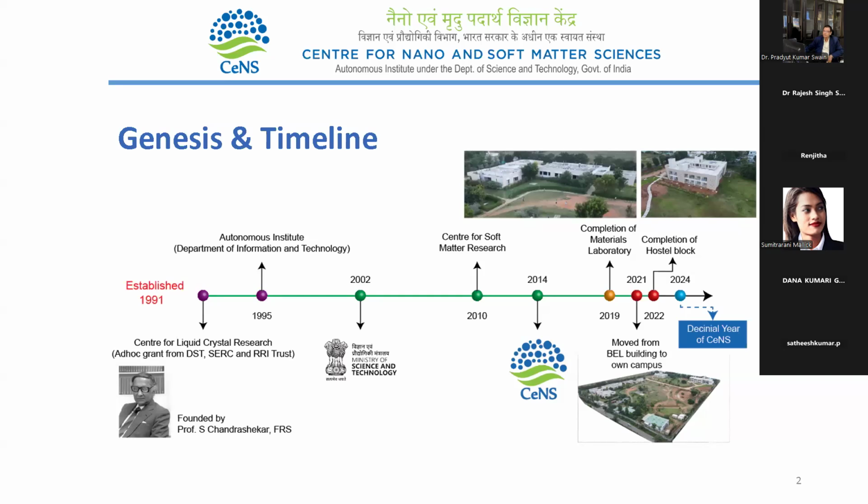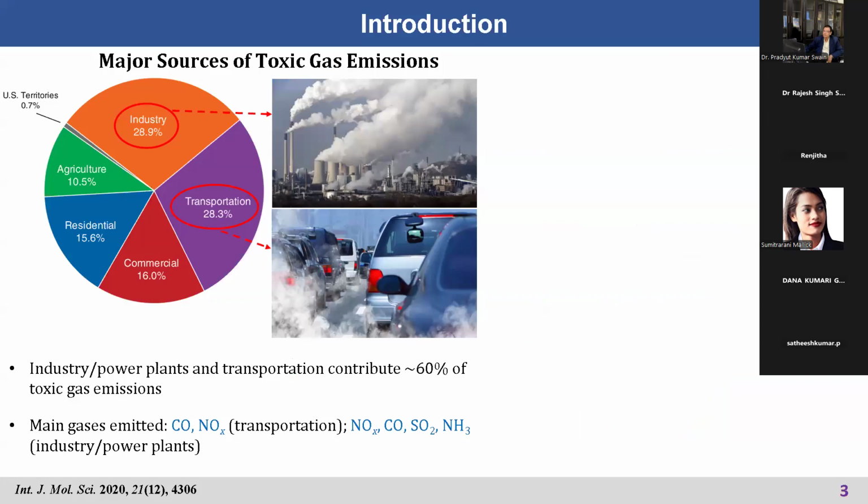With this small introduction, I will move to the topic of my talk today. Today I'm going to talk about gas sensors. As you can see, gas sensors are very important for environmental purposes as well as medical reasons.